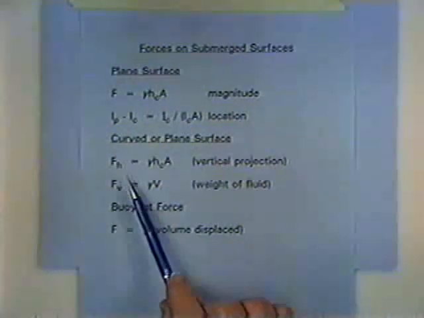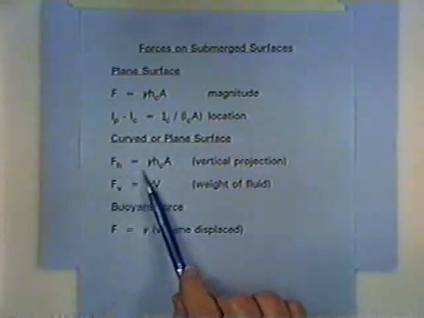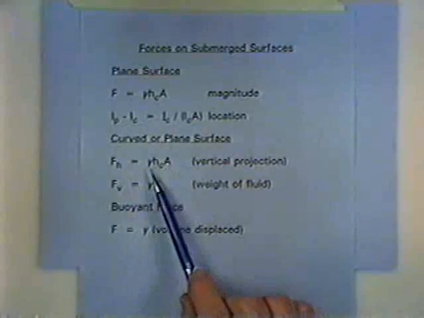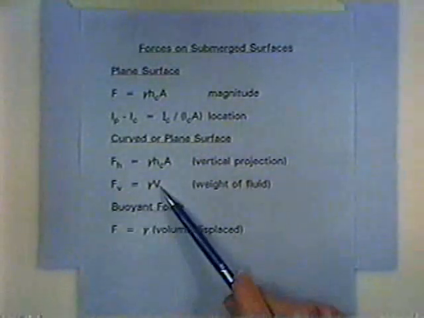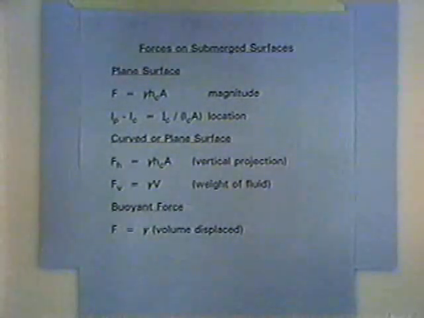And so the force applied to the horizontal projection is the unit weight gamma times the h sub c again times the area A again, and that'll give us a horizontal component of the force. The vertical component of the force will be the volume of the water above the surface, the structure or whatever object force is being exerted upon, times the unit weight of the water.